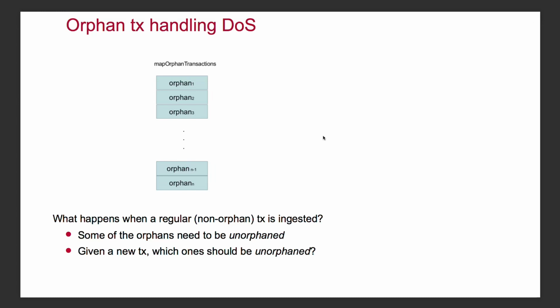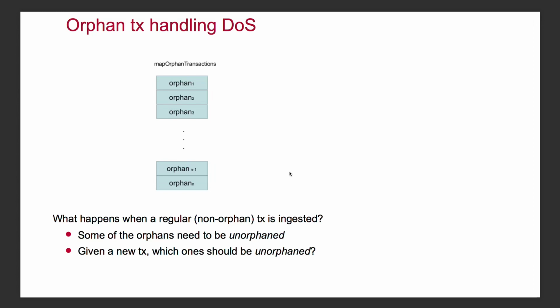So there needs to be a procedure for unorphaning transactions. We could try going through this whole map and identifying which transactions need to be unorphaned, but that's inefficient. And also the number of orphan transactions is user controlled.